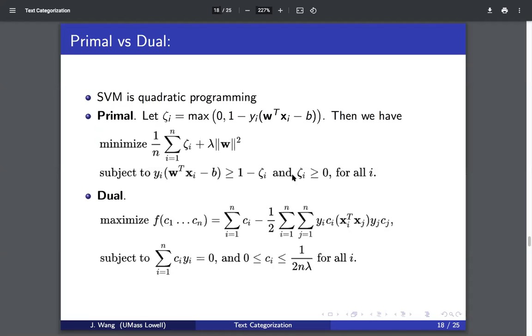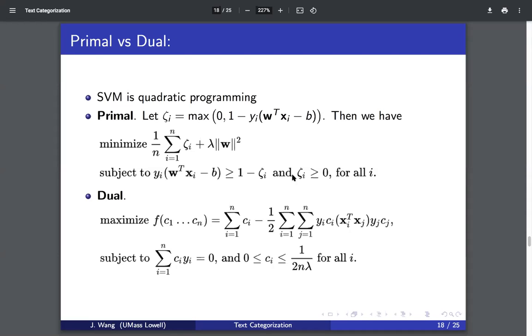Now, SVM is a linear classifier at this time, okay? So the first thing we need to know is that it is a linear classifier, and solving this minimization problem is equivalent to solving a quadratic programming problem. It turns out that solving its dual is easier using quadratic programming.